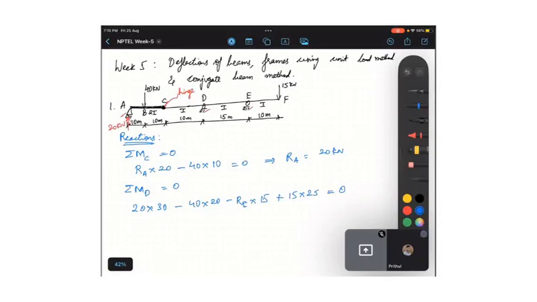So 15 RE is equal to 600 minus 800 plus 15 times 25, which is 375. That implies RE is 175 divided by 15, that is 11.67 kilonewtons.